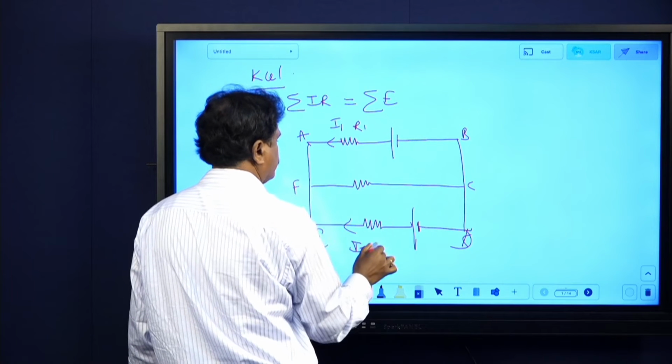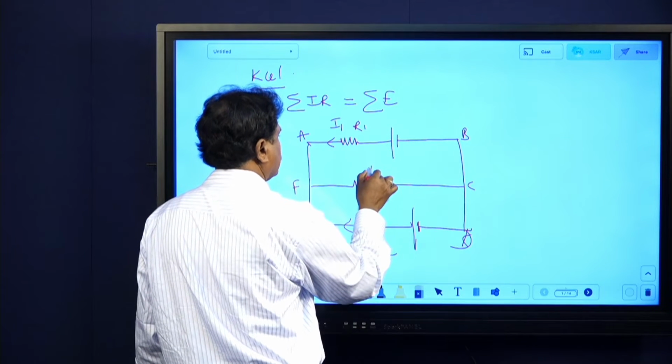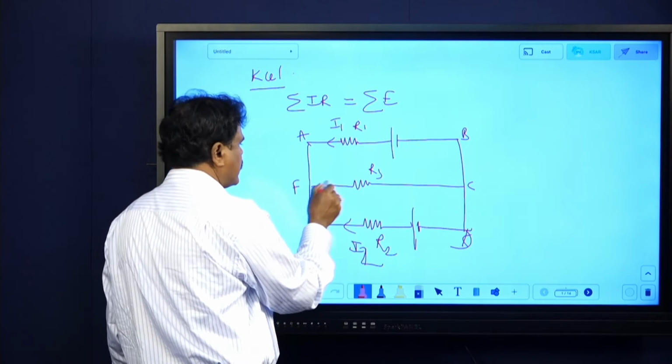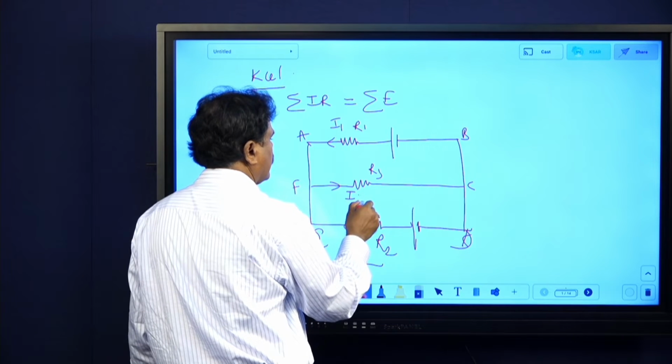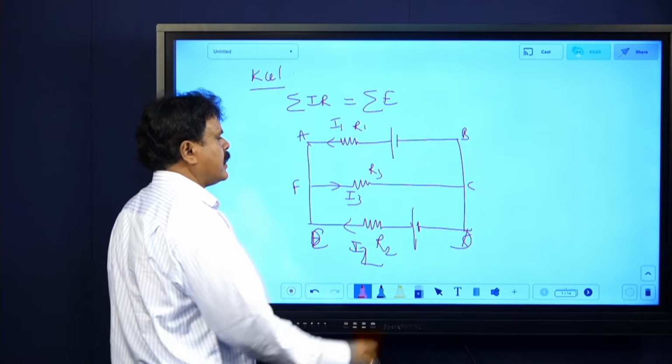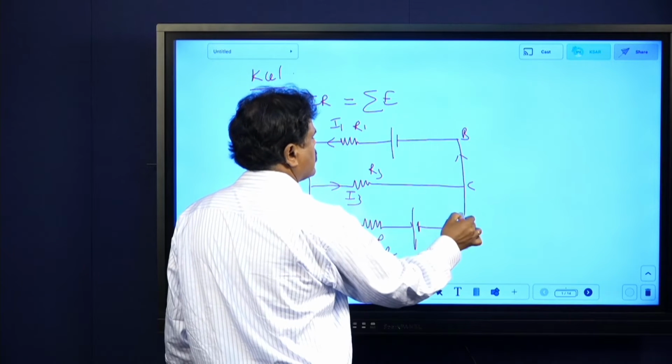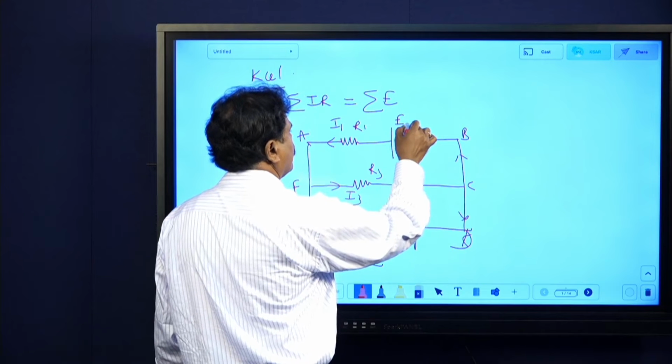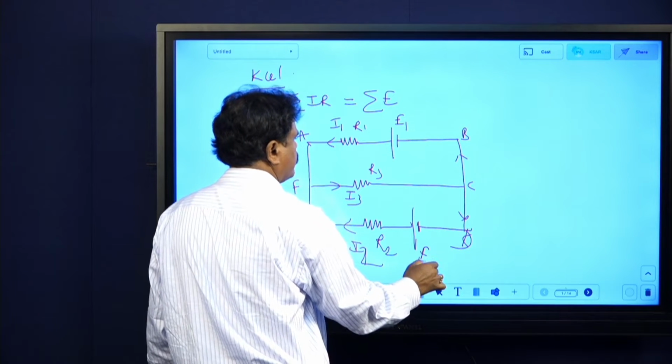This is R1, this R2, this is R3. Because currents are coming this way, this is I3, or I1 plus I2 also you can write. And this will be E1 and this is E2.